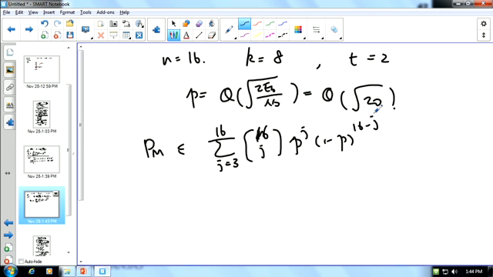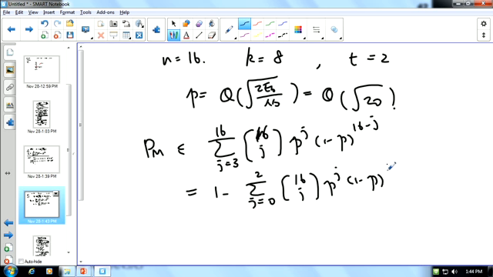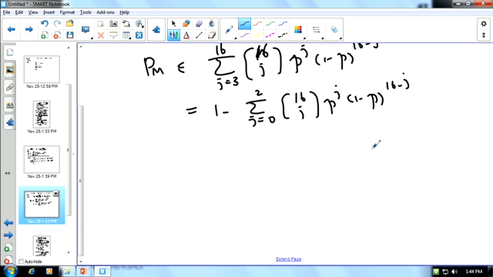This is fairly tedious to calculate, and actually this equals 1 minus the sum over j from 0 to 2 of (16 choose j) p^j (1 minus p)^(16 minus j). Okay? So we can calculate the inverse.